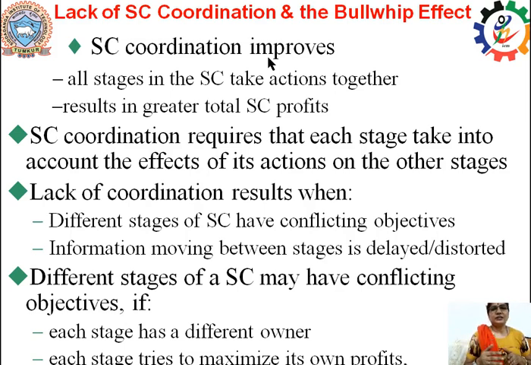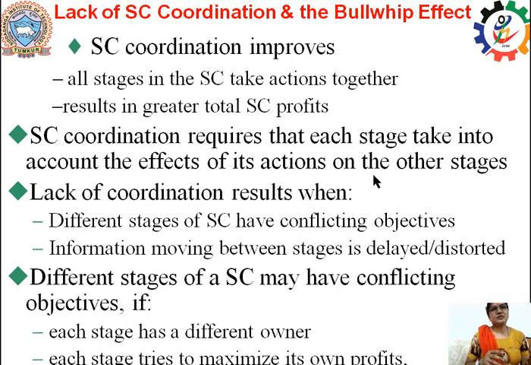So this coordination requires that each stage, that is each company, takes into account the effects of its actions on the other stages. For example, let us consider this scenario, a manufacturer and a wholesaler.